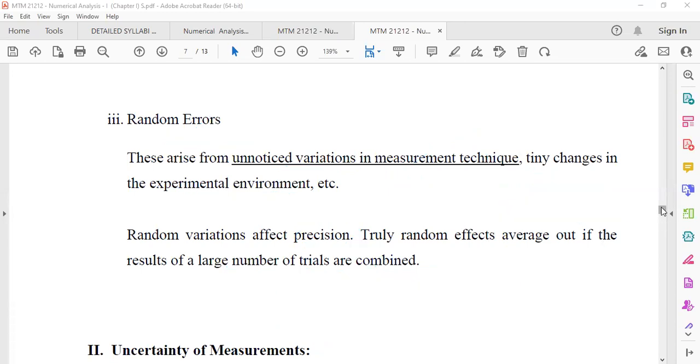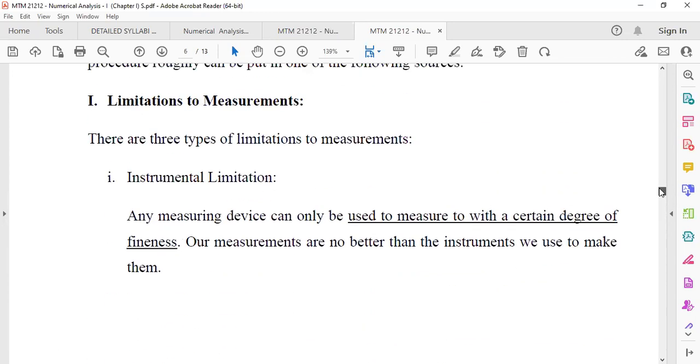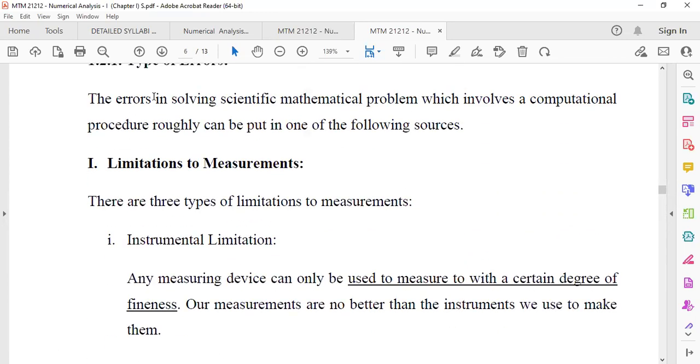Likewise, limitation to the measurements is one kind of error type. See the numbers, how I have numbered here. Please change it in your module. I didn't change your module, so you'd better focus on my notes and the module.